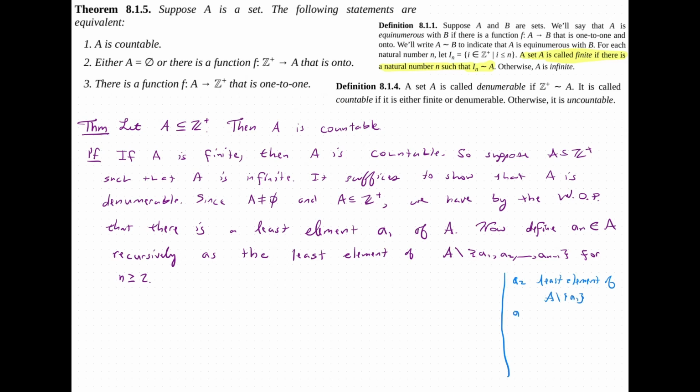Then a sub 3 would be the least element of A minus {a1, a2}. And then we just continue in this manner recursively. Note that the a sub n's exist by the well-ordering principle.